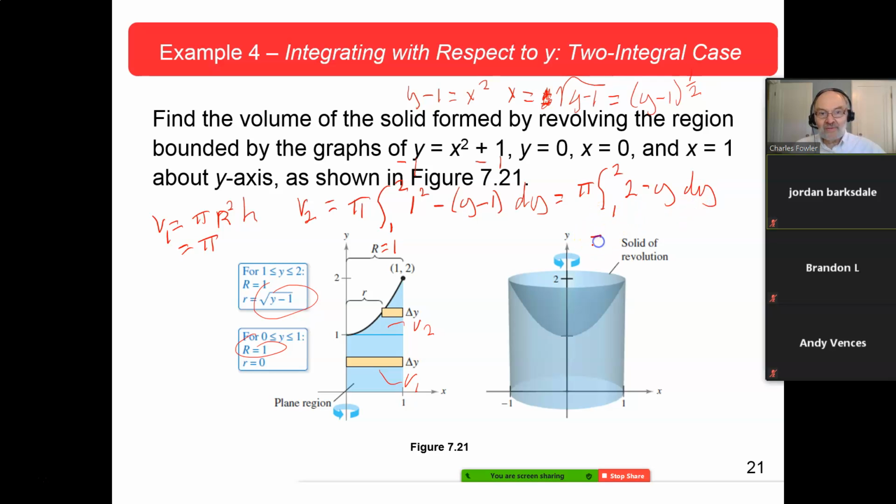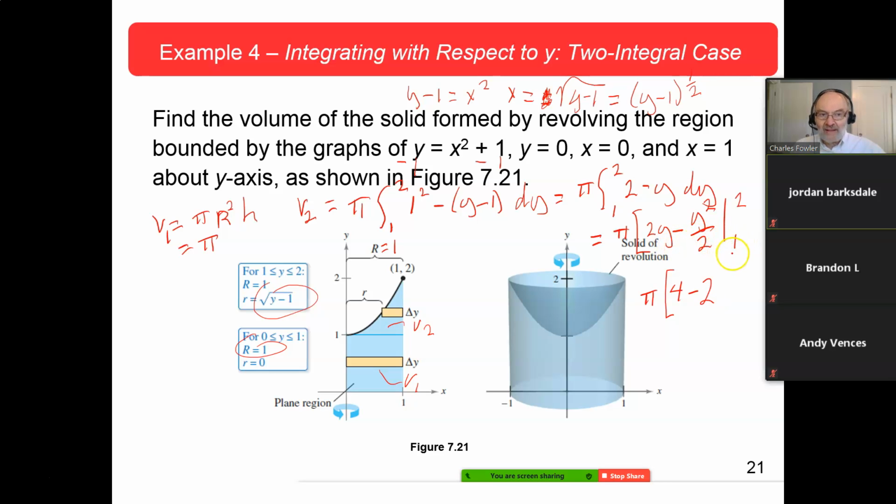Okay? Now you give me that one. What's the antiderivative of 2 when you're integrating with respect to y? Anybody? 2y minus y squared over 2, evaluated from 1 to 2. So this is pi times, when you plug in the 2, this will be a 4, minus 2 squared over 2, which is 2.